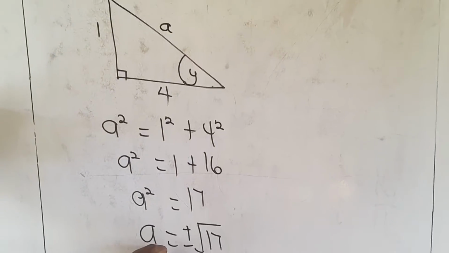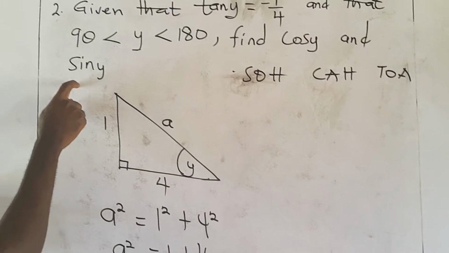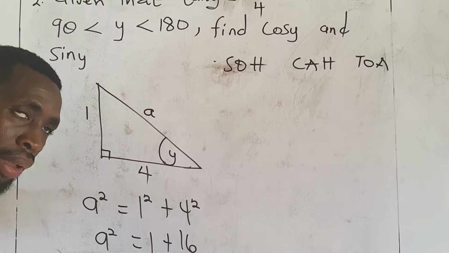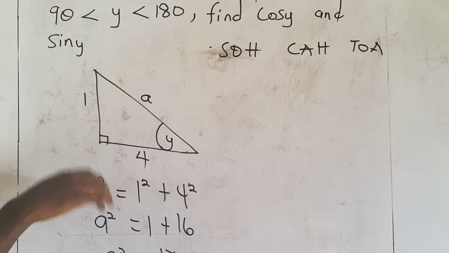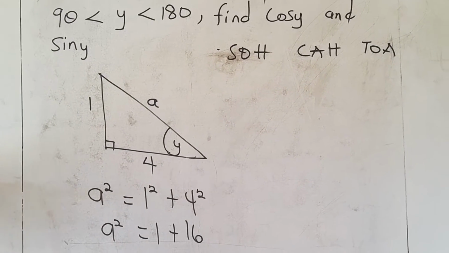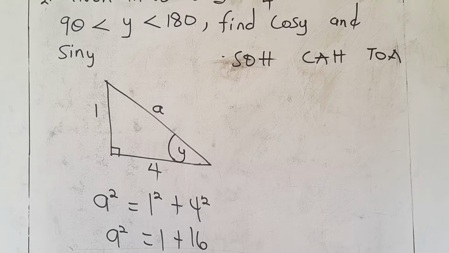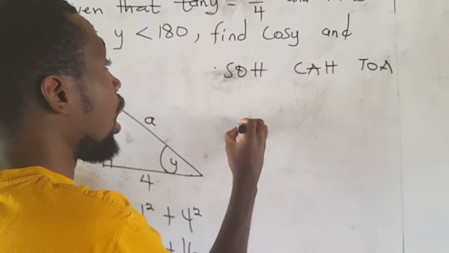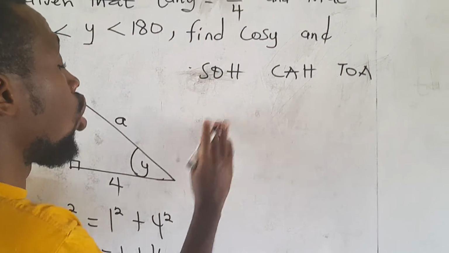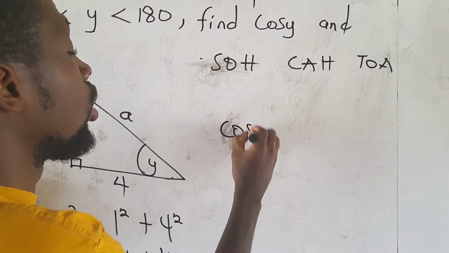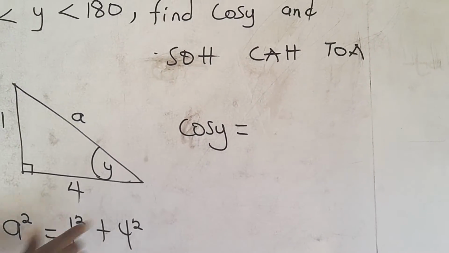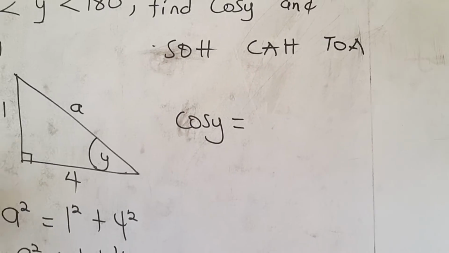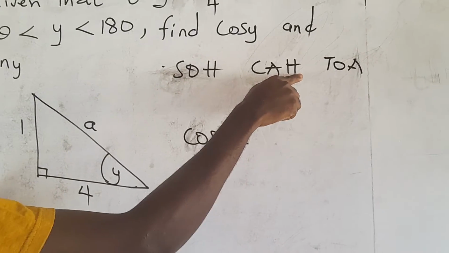Now, this implies that when we are finding sine, we'll take the positive aspect, but when we are finding any of the other ratios, we'll take negative. Remember that. Very, very necessary. So we can say that our cos y, remember cos is negative in that quadrant. So cos y is adjacent over hypotenuse.